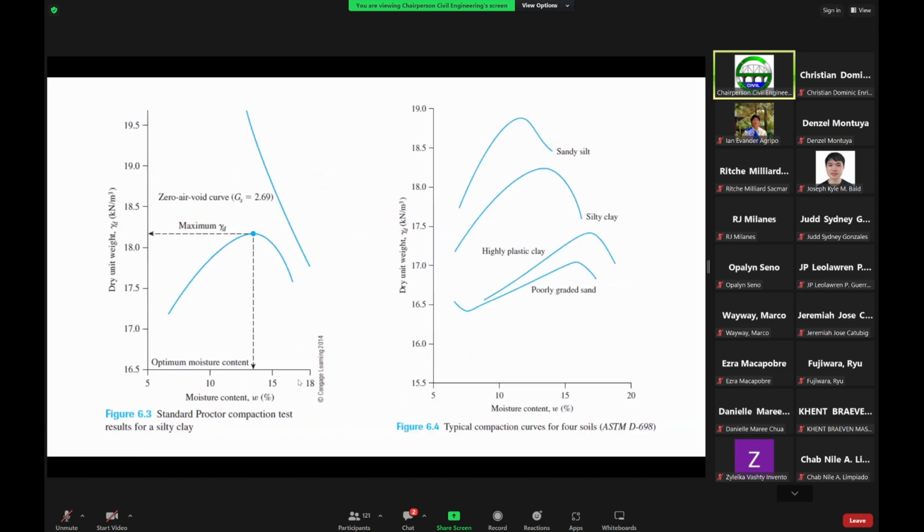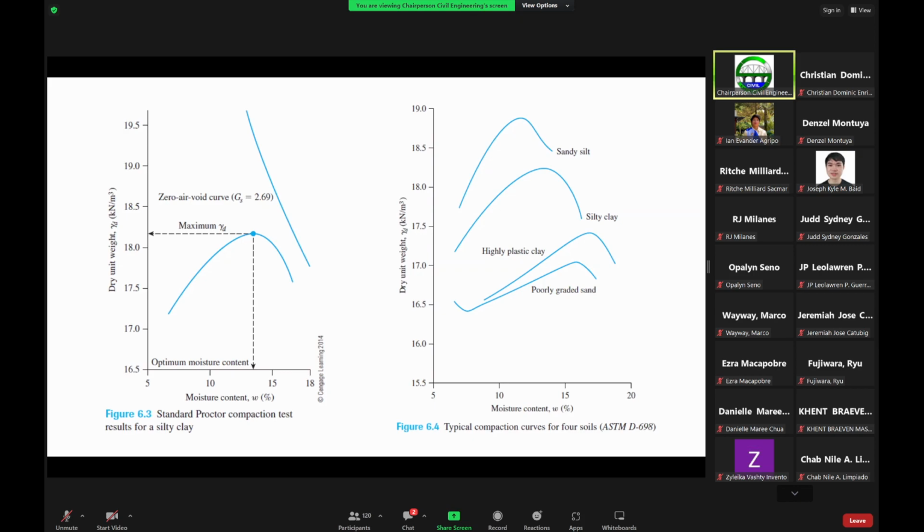So here we have an example plot of a compaction test using a standard Proctor compaction test. In this case, it is for a silty clay material. I hope by this time you already know what we mean by silty clay, based on our soil classification procedure.